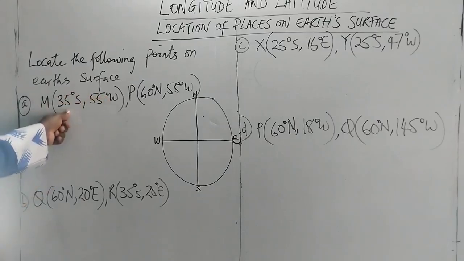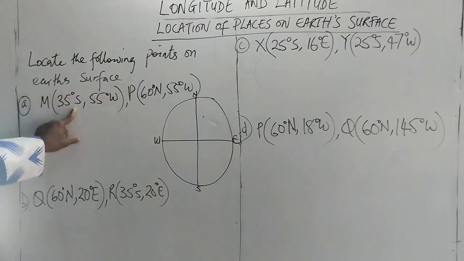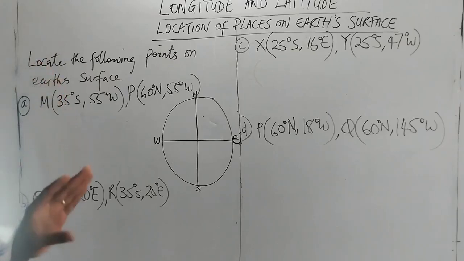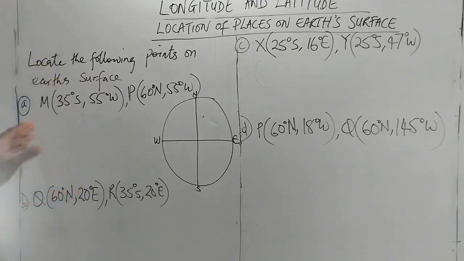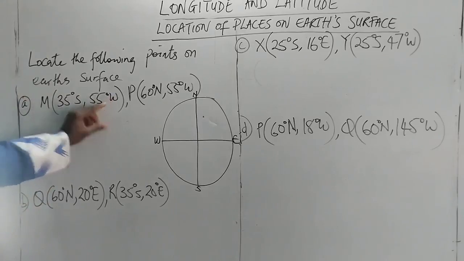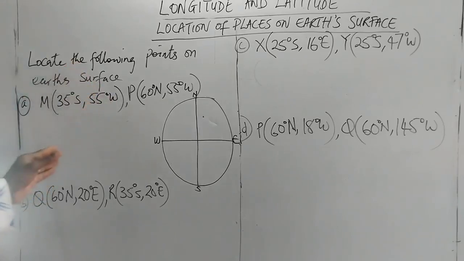Latitudes can be on south or north poles. Latitudes have south or north poles, while longitudes have east or west poles.